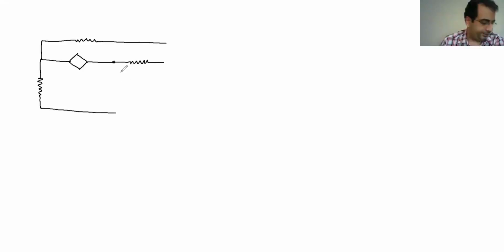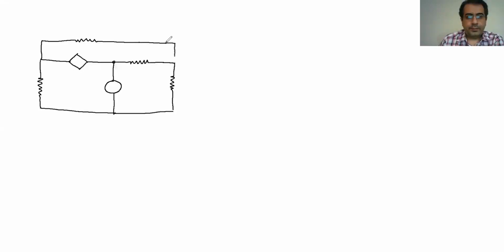Then there's a current source, and then we have another resistor here. Like that. So it's going to be positive on this side, negative on this side.